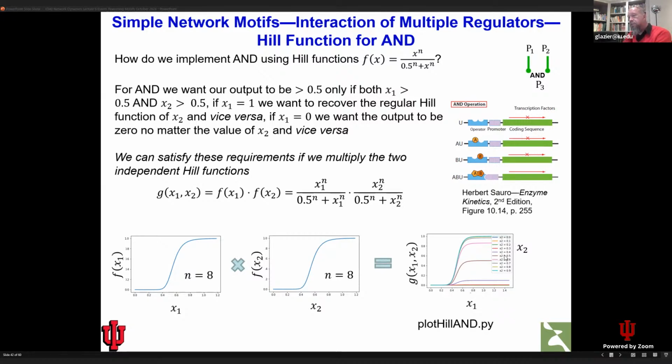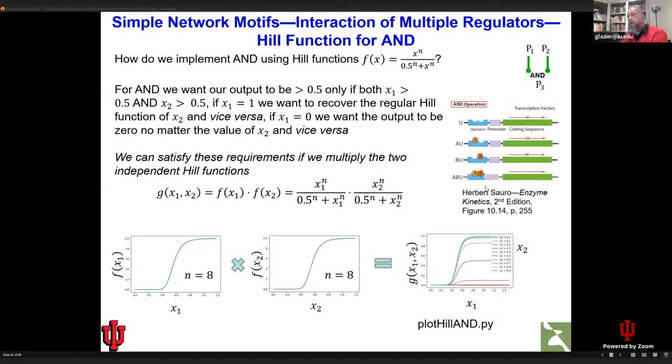And for intermediate values of x2, we get a sigmoid where the maximal value of the sigmoid is less. Notice that the value at which we reach half of our maximum is still 1/2. It's still k. That may or may not be what we want, by the way, biologically.